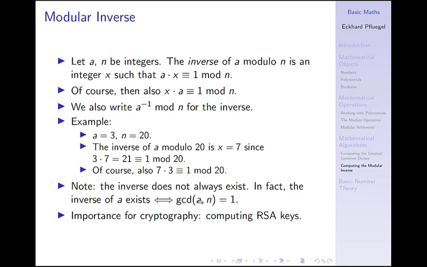So if the GCD of a and n is 1, then I can actually find such an inverse, and it will be unique. We will later see that this is very important in cryptography for computing the RSA keys. There's only one of many other important applications of this fact, and many theorems use it.